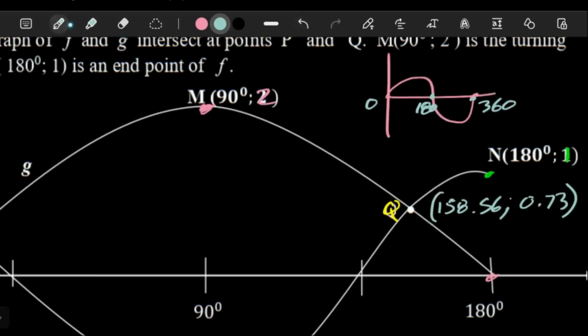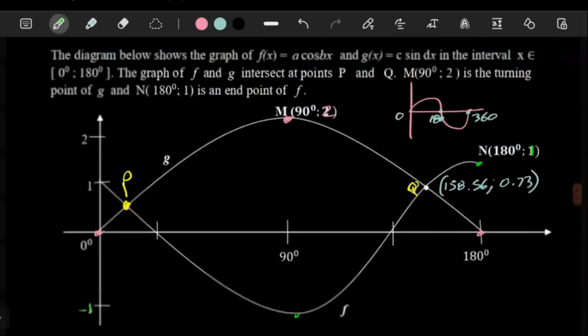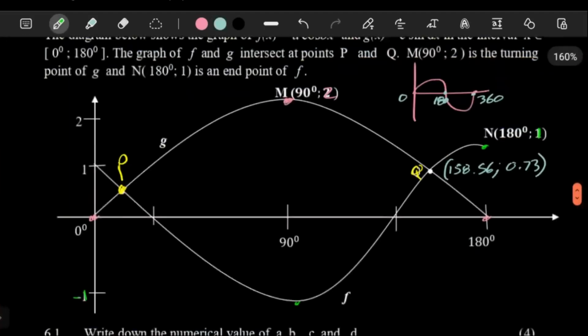Work with me now. What you need to keep in mind is that the value of P and the value of Q will have the same Y value. So this is also going to be 0.73. To get the X value, we just have to be a bit creative. We already have the equation of the graph, so we can sub the Y value into any of our equations.